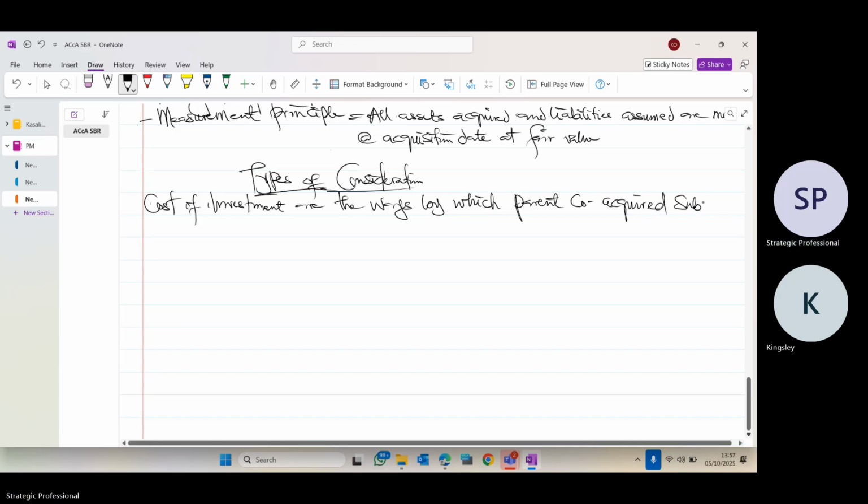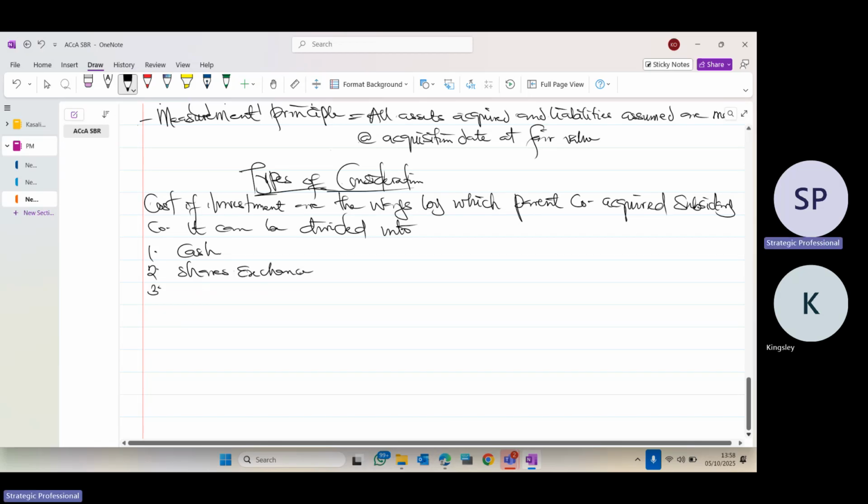Acquire, subsidiary, company. It can be divided into majorly three. It's either by cash, it's either by share exchange, or by deferring the consideration.